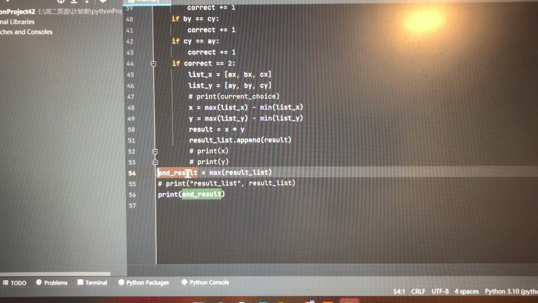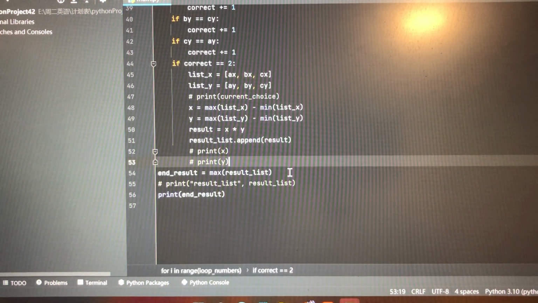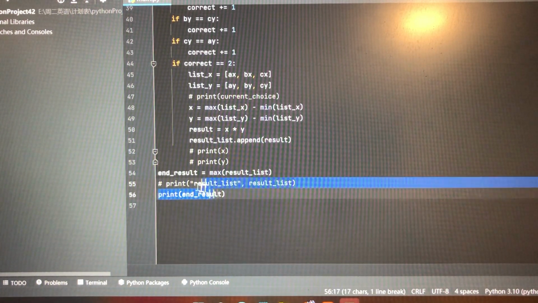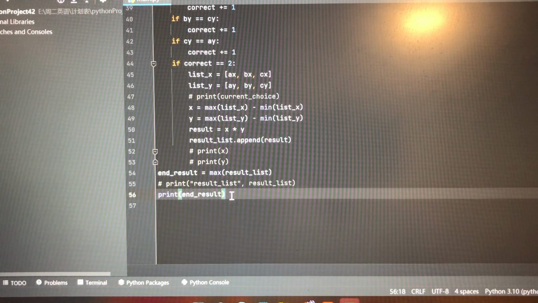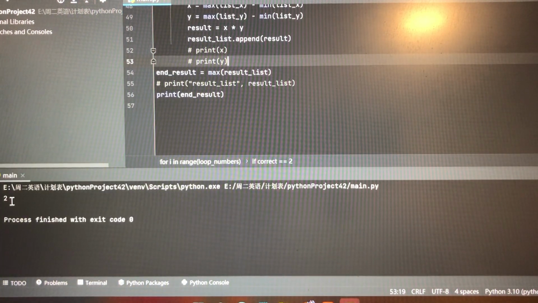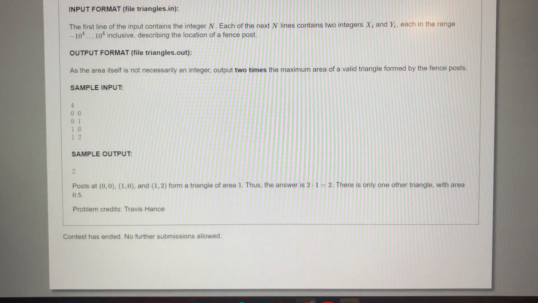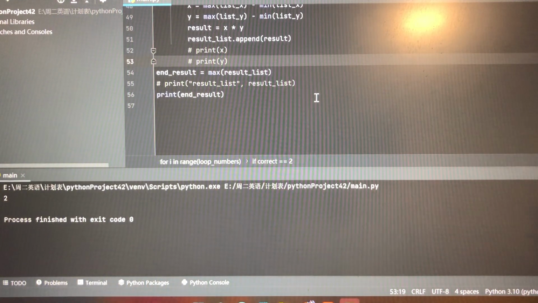And this is the end result, which is the max area I can find among the three coordinates that can form a triangle, and I printed it out here, like this, 2. Alright, thank you for listening, and have a wonderful day.